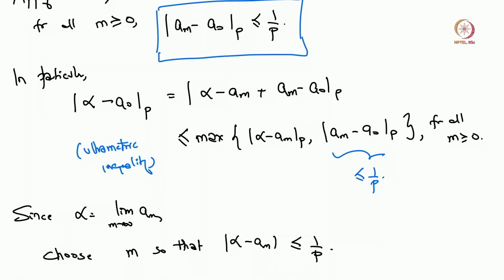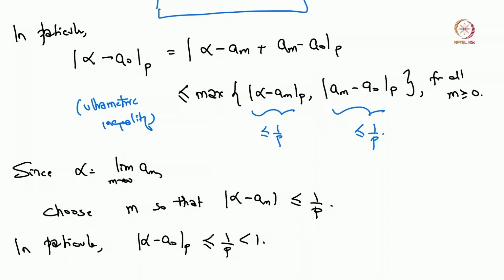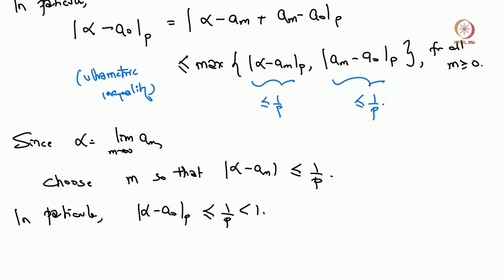So you choose a large enough m so that the first quantity is also less than or equal to 1 over p, and so in particular alpha minus a naught in p-adic absolute value is also less than or equal to 1 over p, which is strictly less than 1. And so this completes the proof of this intermediate lemma.